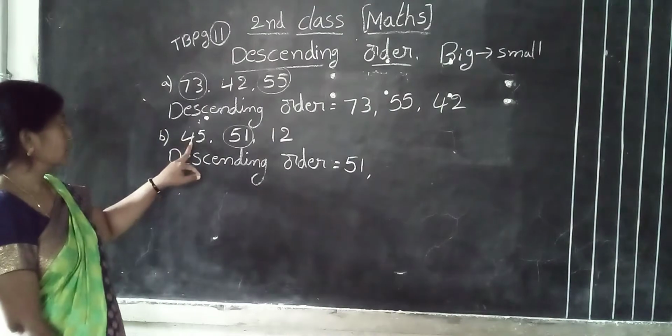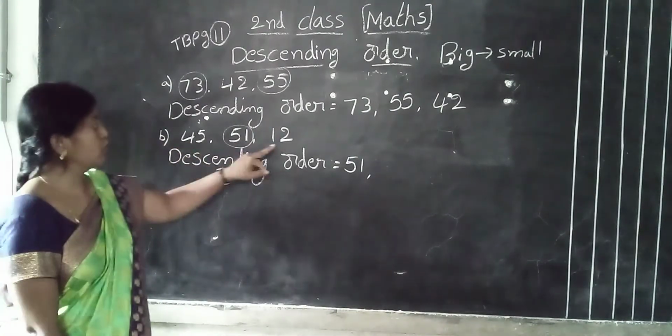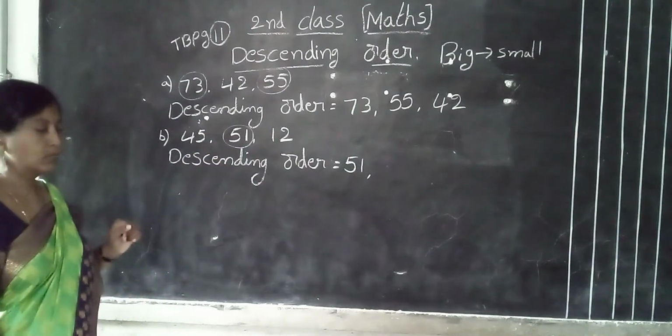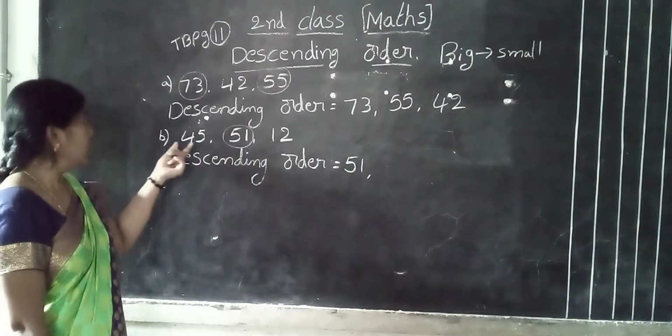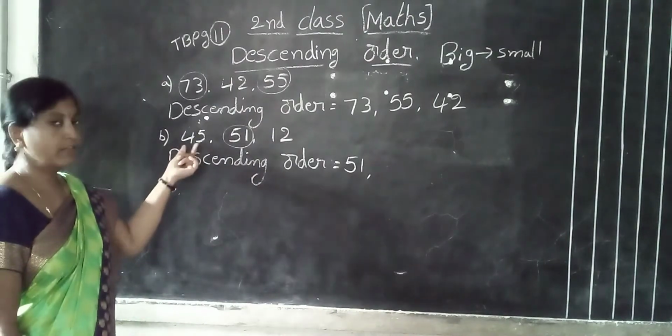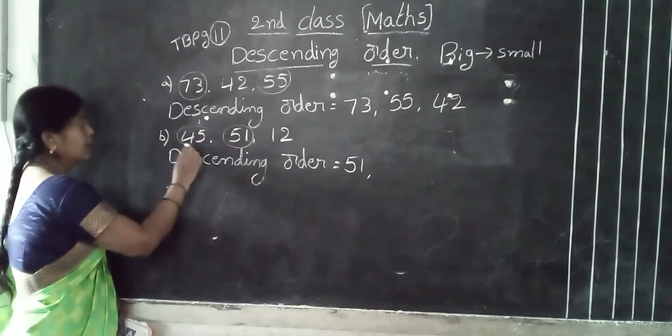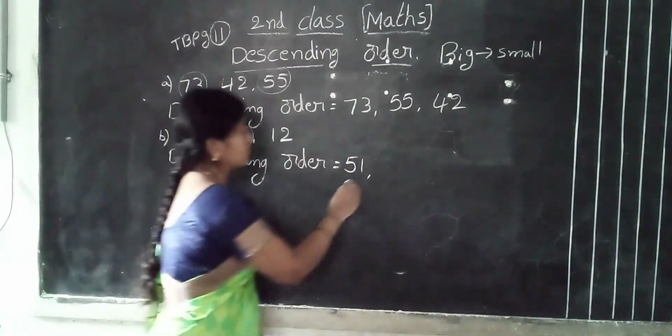So next, 45 and 12 are remaining. మిగిలిన ఈ 2 numbers లో నెక్స్ట్ బిగ్గెస్ట్ నెంబర్ ఏది? 45 is the next biggest number.